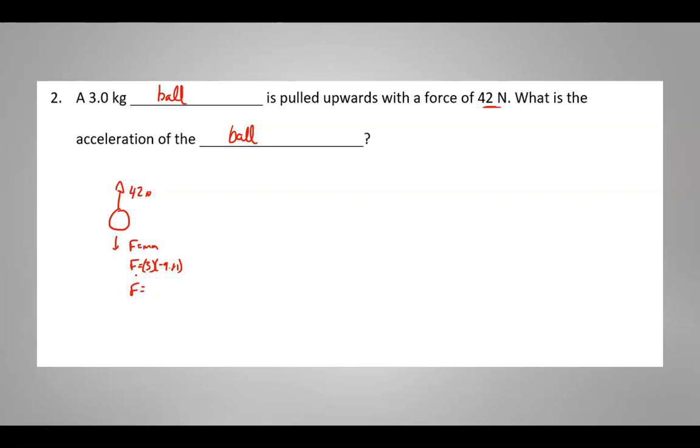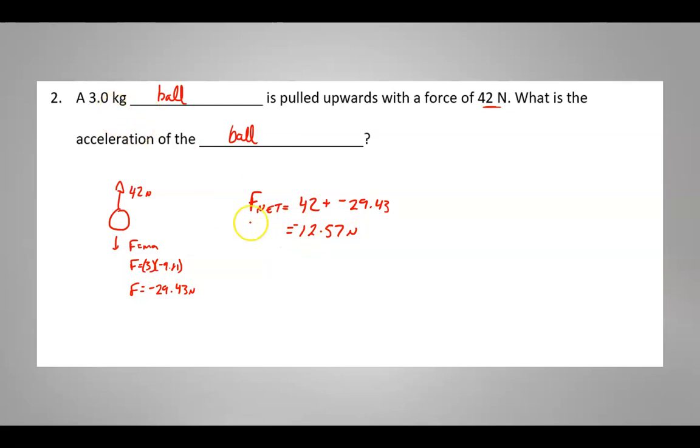So 3 times 9.81 is negative 29.43 newtons. So the net force is 42 up and 29.43 down. That gets you a net force of 12.57 newtons.